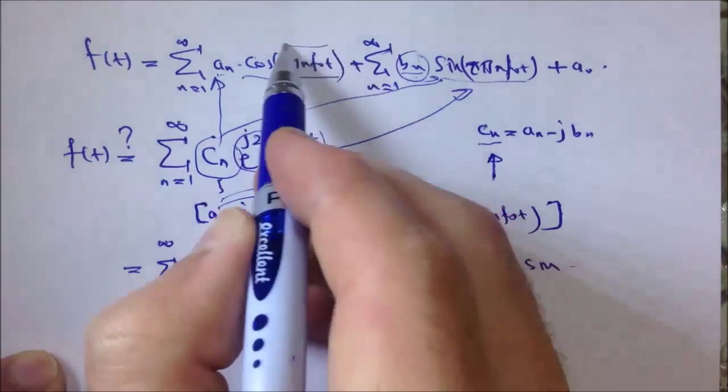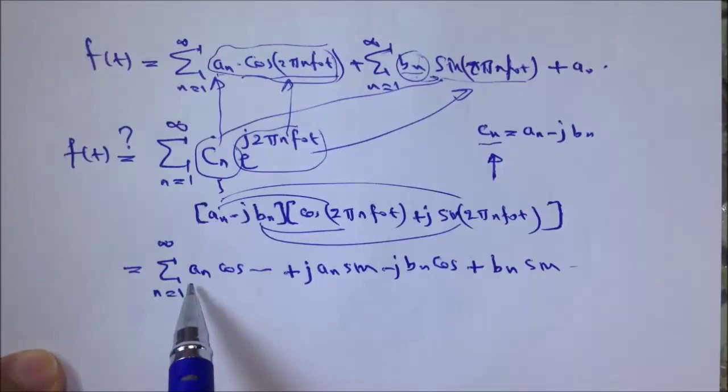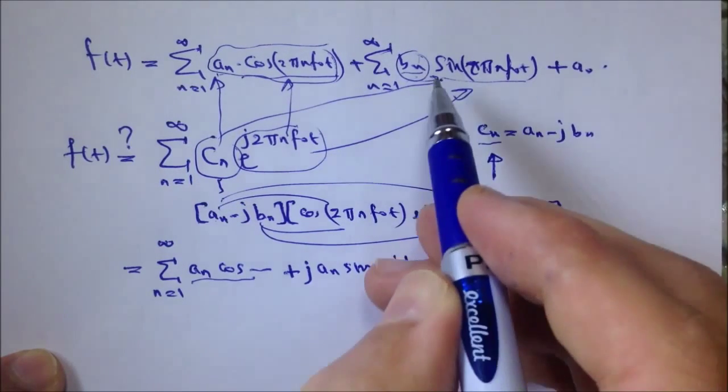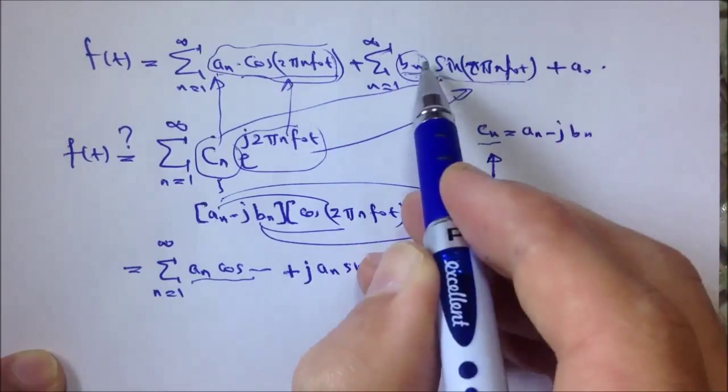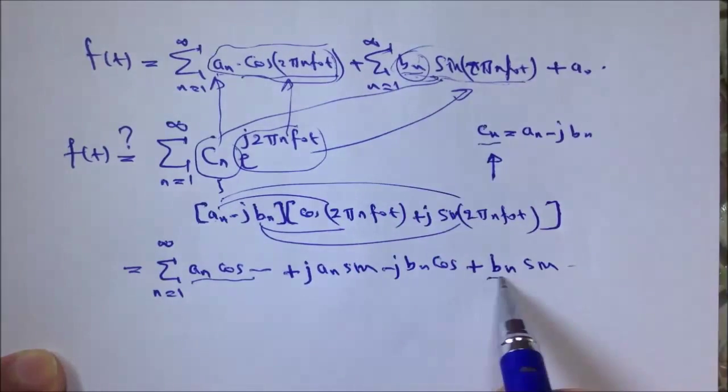As for a sub n cosine 2 pi n f naught t, here it is, and for b sub n multiplied by sine 2 pi n f naught t, here it is.